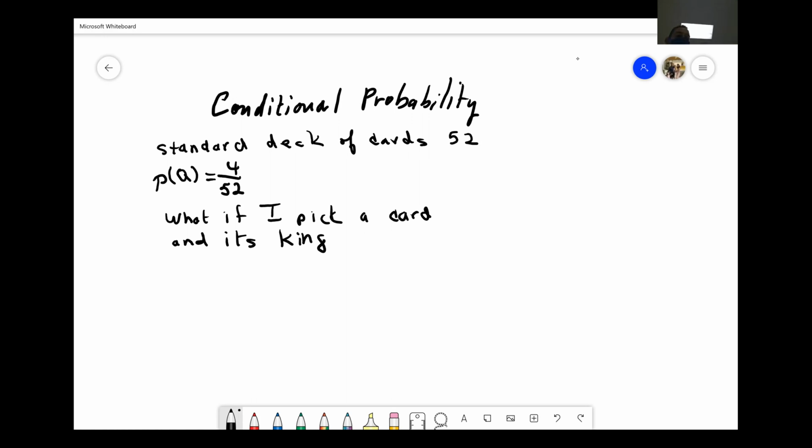So let's say I pick a card and it's a king, and I keep it in my hand. How many cards would I have left in that stack? 51. Agreed? We would have 51 cards left.